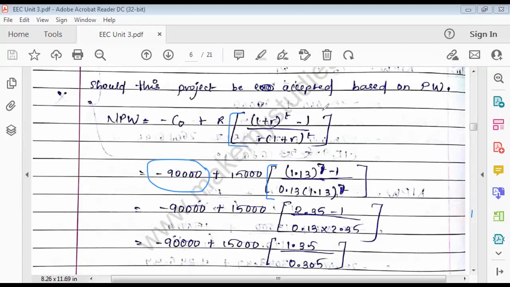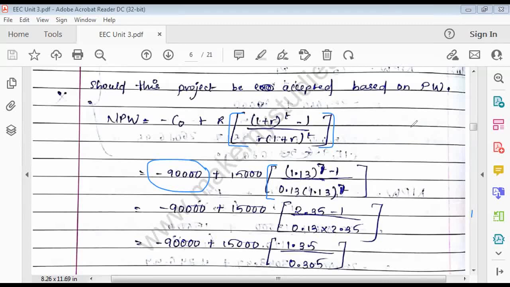Let me read it out for you: (1 plus R) whole to the power T minus 1, whole divided by R into (1 plus R) whole to the power T. Correct. So you need to remember this formula.